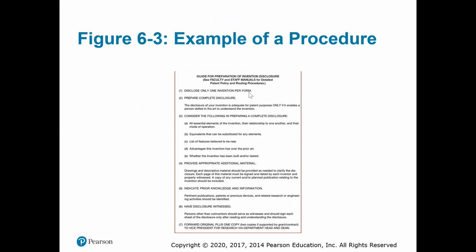I'm not going to drill down on an example of a procedure, but this one is titled Guide for Preparation of Invention Disclosure, right? The process in this example is to keep track of perhaps innovative ideas, and there are some rules of engagement that they have.